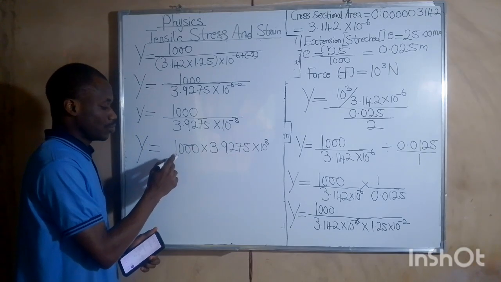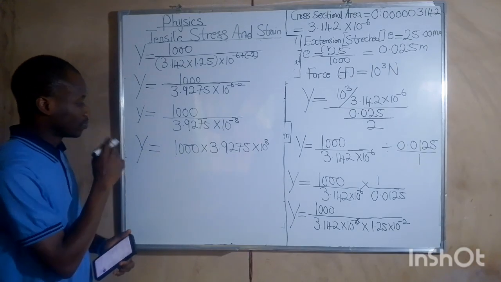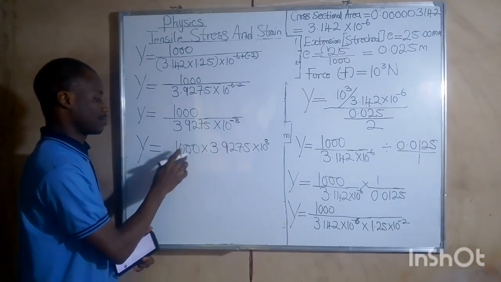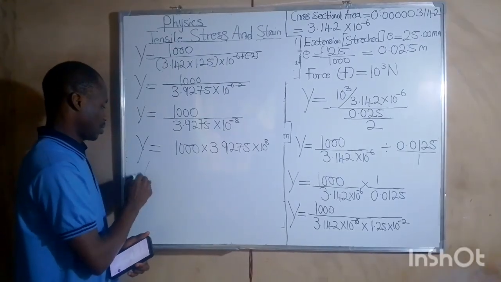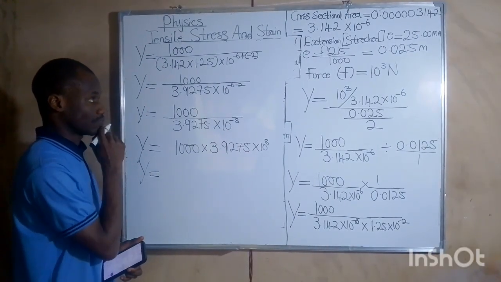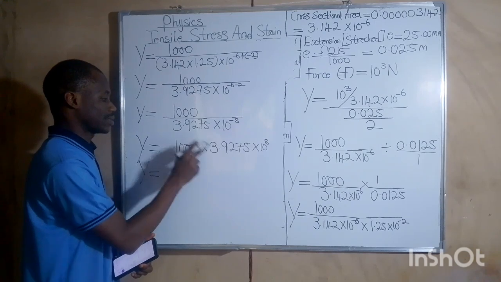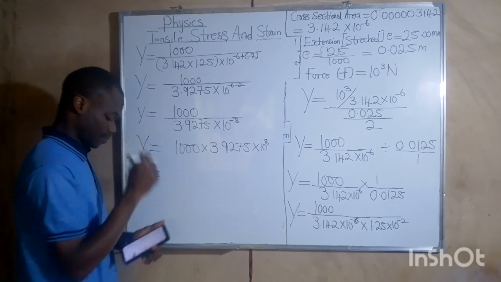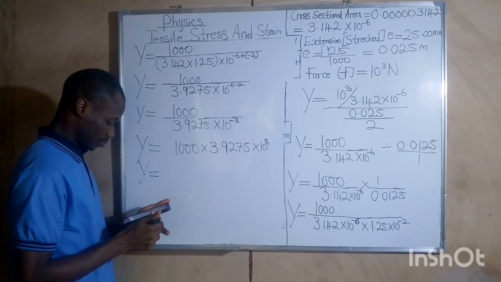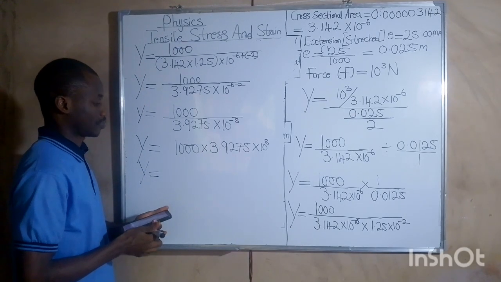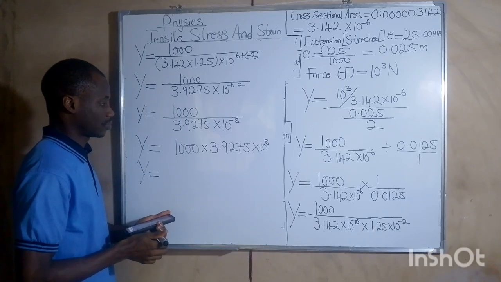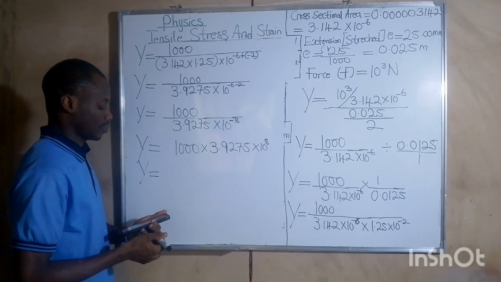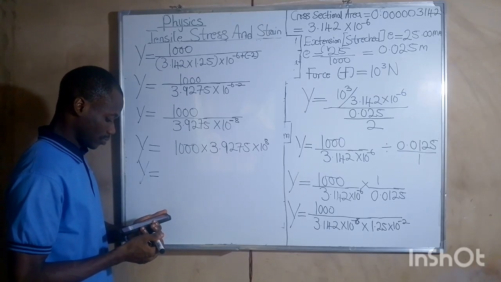Now, watch what I'm going to do. You can times immediately, or you can decide to put this one in standard form. Y is equals to 1000 times 3.9275. That is giving us 3,927.5.